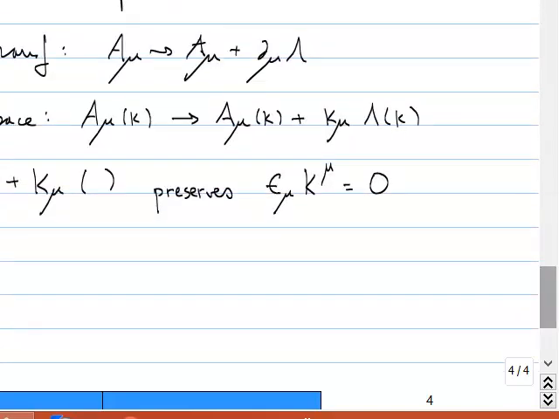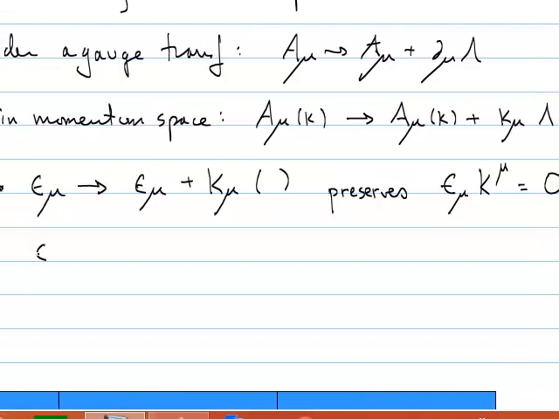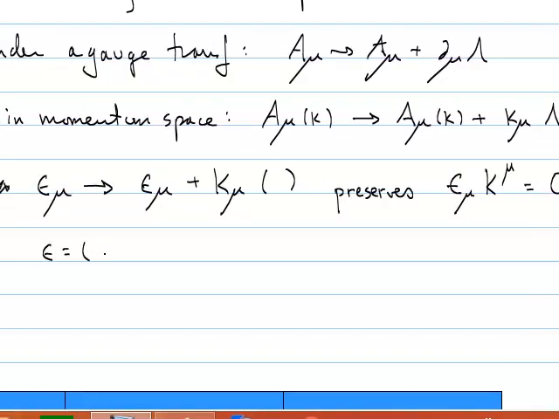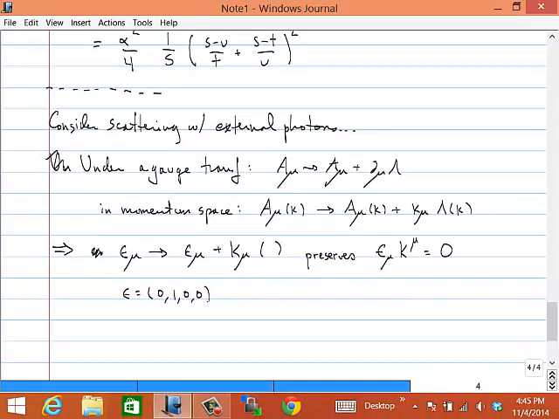Just to be very explicit, if you had a photon that was moving in the z direction and it was polarized in the x direction, then you would just be picking up some constant times something proportional to the momentum vector of the photon in the z direction. And if you want, you could explicitly work out a gauge transformation that would do exactly this. It's easy enough to work out. If you're not convinced by this, I invite you to do so.